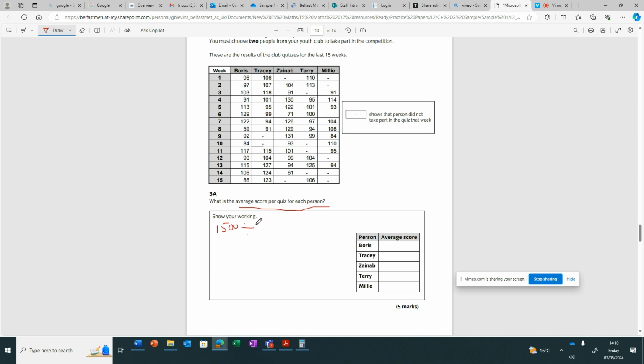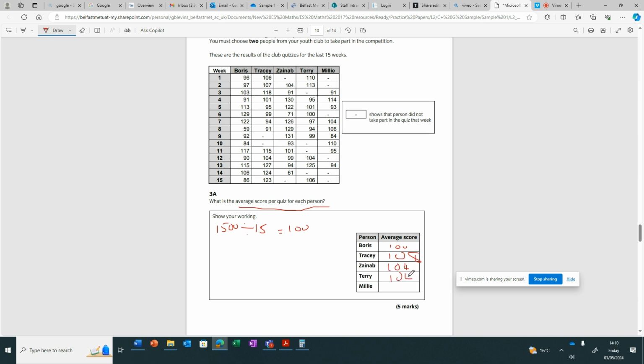And just repeat the process, add traces up and divide by 1, 2, 3, 4, 5, 6, 7, 8, 9, 10, 11, 12, 13 for traces, we divide by 13. So 108, then 104, just add them up and divide by how many items there are.